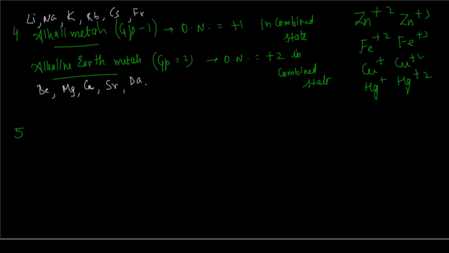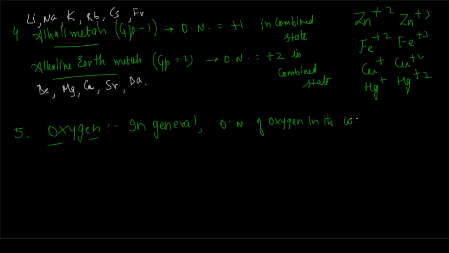Clear? Now let's come to the fifth and last rule for this particular video, which is based on oxygen. Oxygen is one of the most fascinating elements with regards to oxidation number. The oxidation number of oxygen in its compounds, in general, please make sure you read this well.